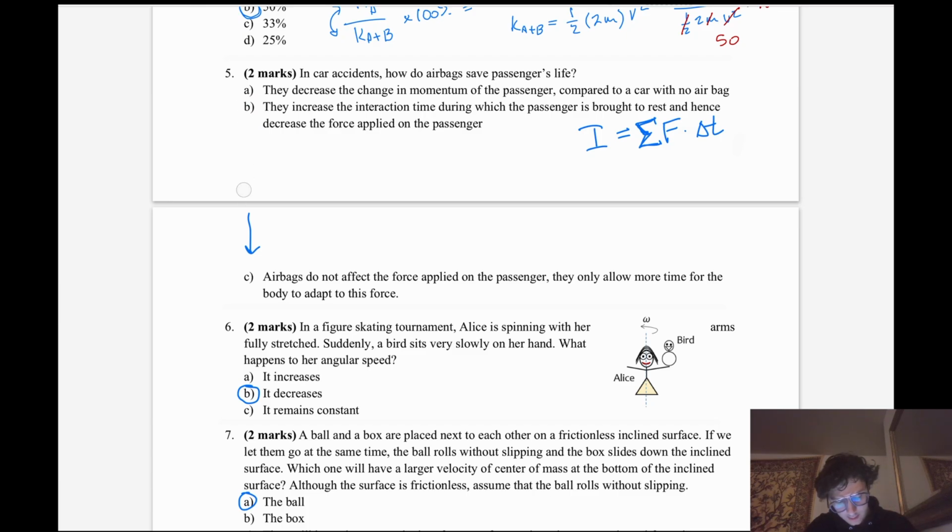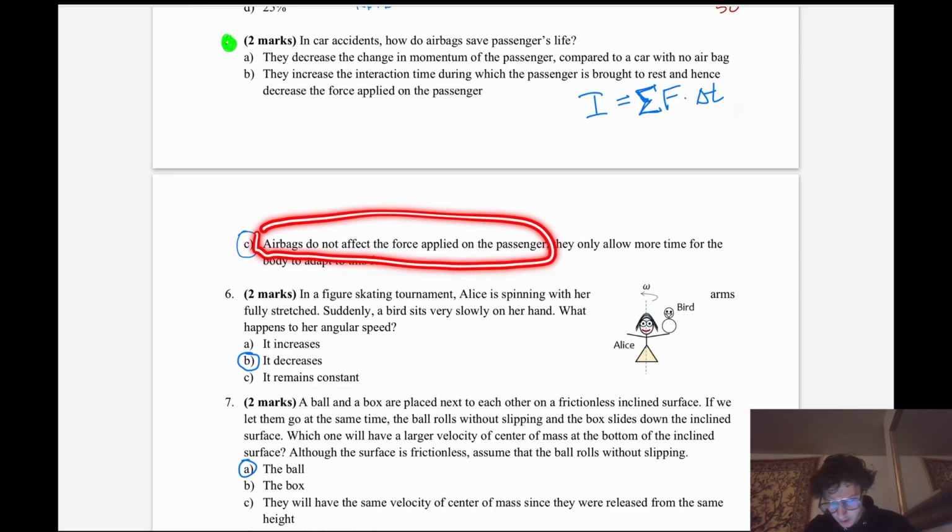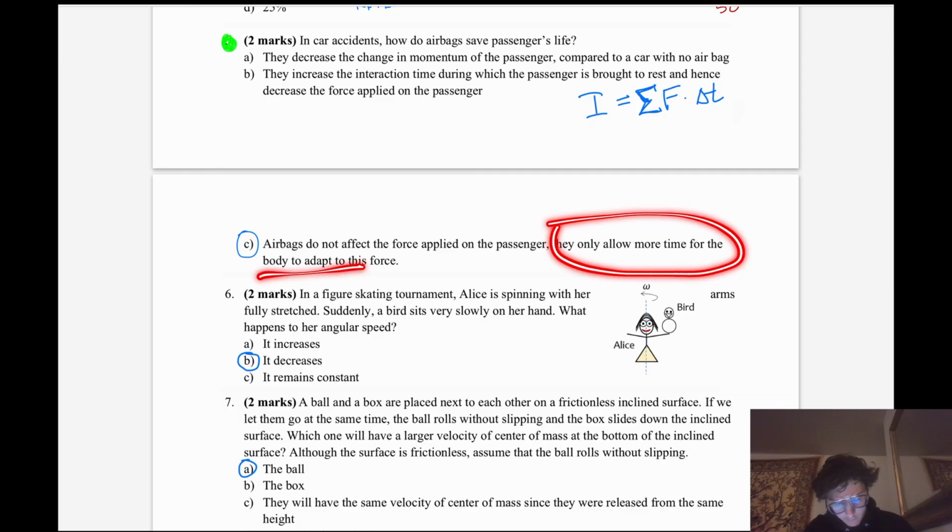You know what, guys? This is going to be a guess. I don't like guesses. I don't like guesses at all. But this one is going to be a guess. I'm putting that one because something about it makes me feel good. Something about decrease the force applied to the passenger doesn't make me feel good. And then this one, do not affect the force applied. They only allow for more time for the body to adapt.